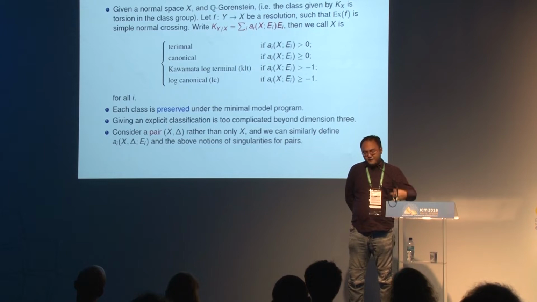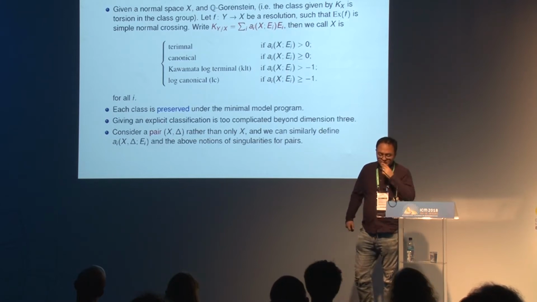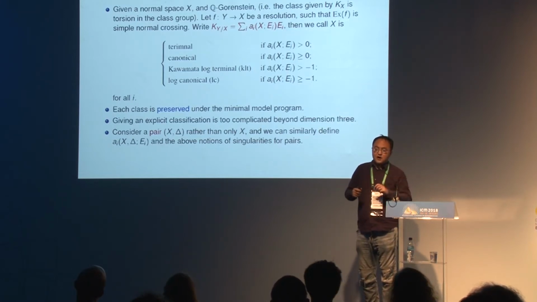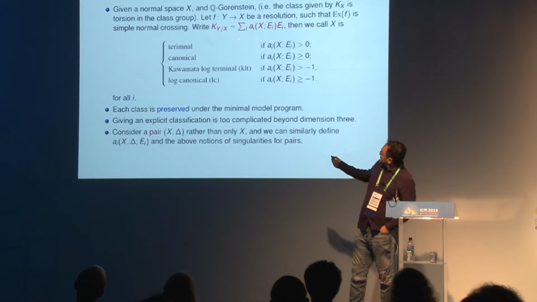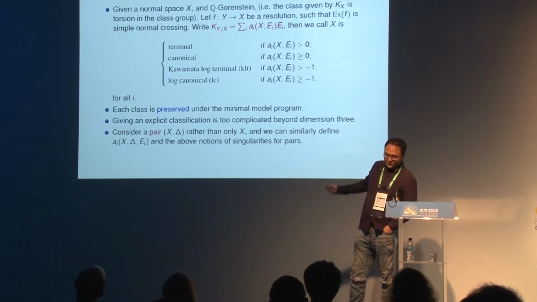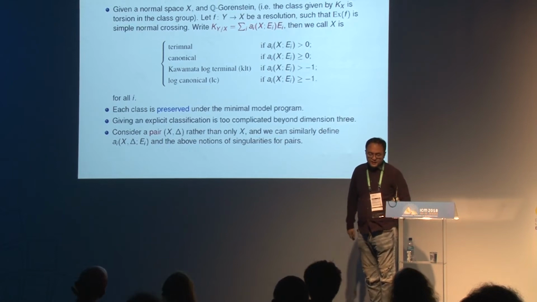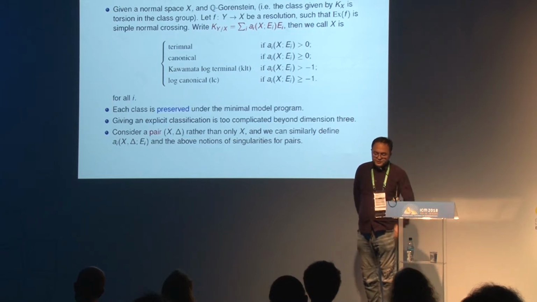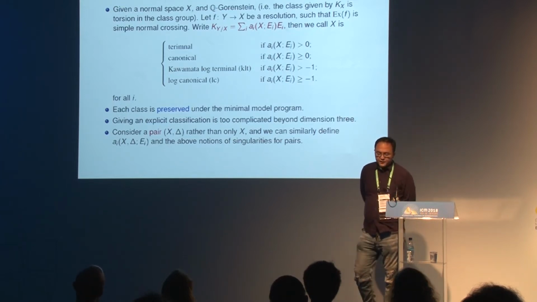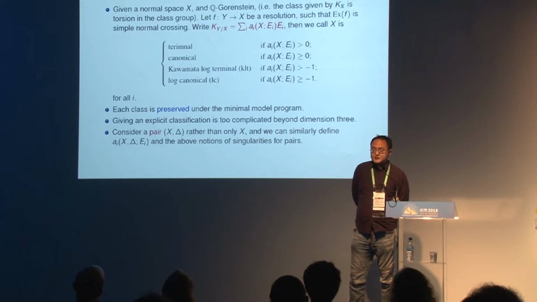of the dz1 to dzn, and the vanishing locus of this Jacobian formula is given by this formula: K_{Y/X} is the sum of a_i E_i. So this number a_i we call the discrepancy.